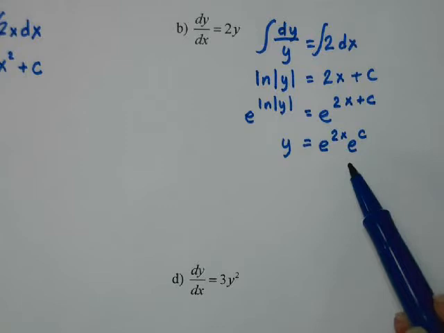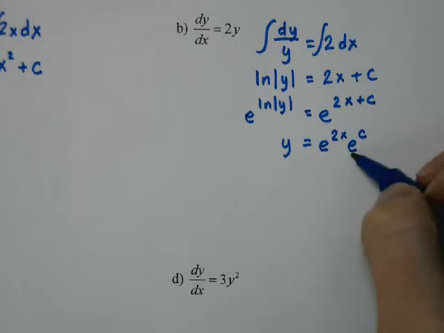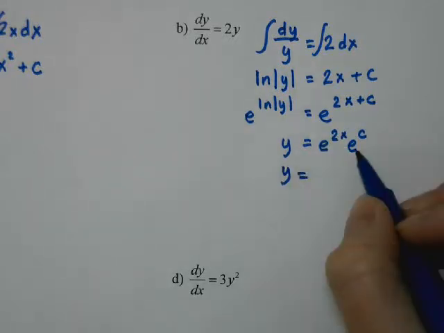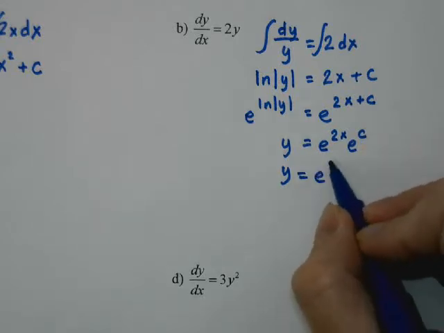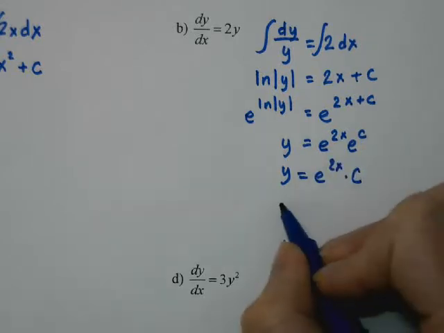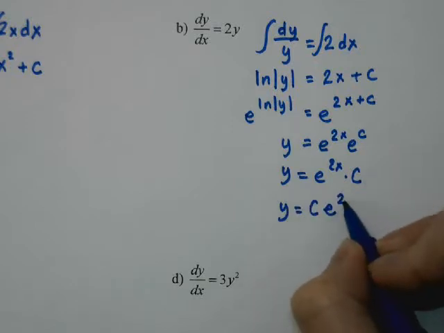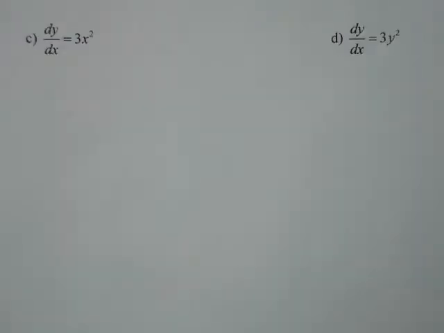Okay, we can do that using our properties of exponents. Well, e to the c is just a mystery constant. We don't know what it is. So e to the c can still just be c, because we don't know what c is. So I can rewrite this as e to the 2x times the constant, which we are going to write as c e to the 2x. This is a very, very common thing we're going to do, and you're going to see it over and over again.